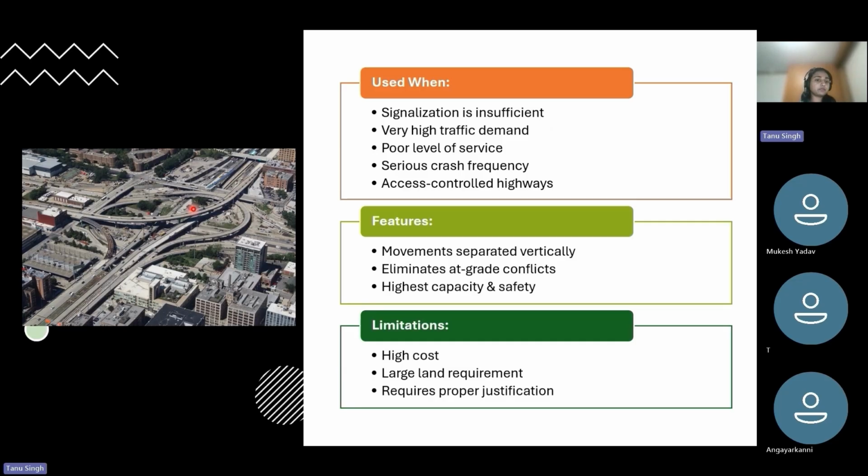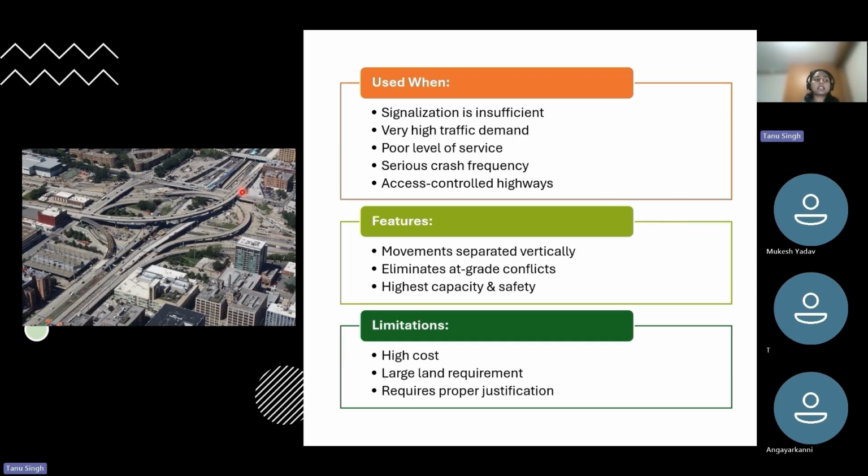All the conflicting merging and weaving, all the different types of conflicts are separated vertically. This provides the highest capacity and safety, since there are different roads for each type of movement. So this increases the capacity of the road infrastructure and also increases its safety.